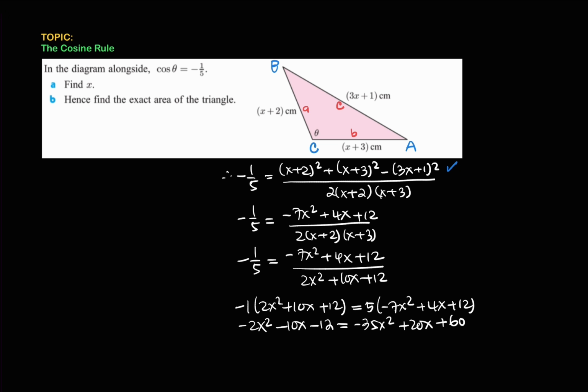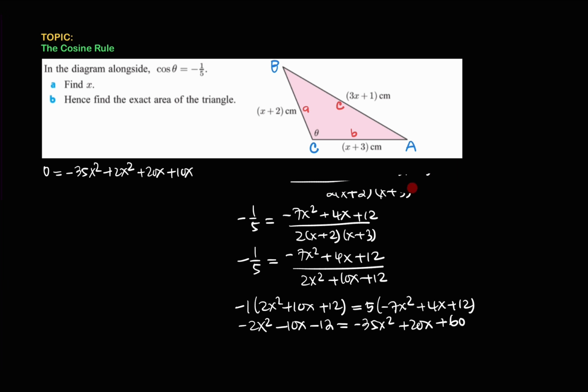So we have 0 equals -35x squared plus 2x squared, plus 20x plus 10x, and then 60 plus 12.